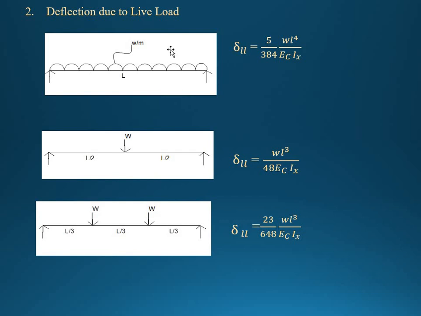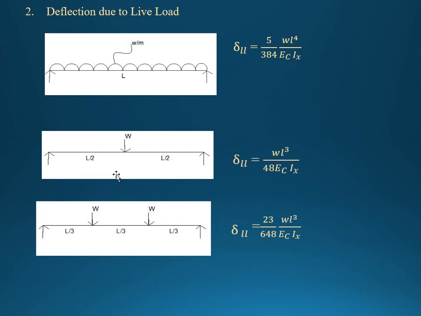WQ or W both are the same, both are live load. Deflection due to live load, you can observe the notations here. For dead load I had used delta DL. For live load it is delta LL. Delta LL equal to 5 by 384 into WL power 4 by Young's modulus of concrete into I, where I stands for moment of inertia.